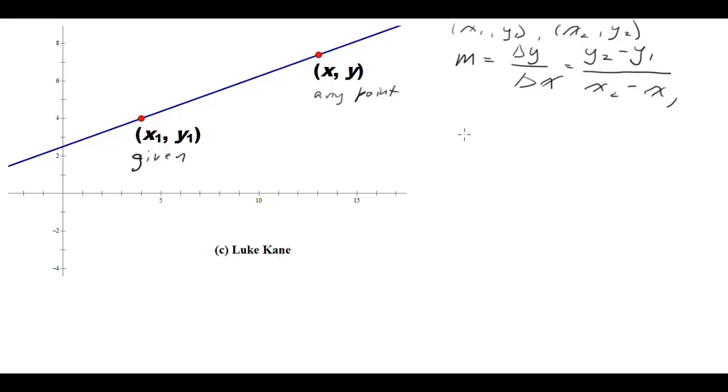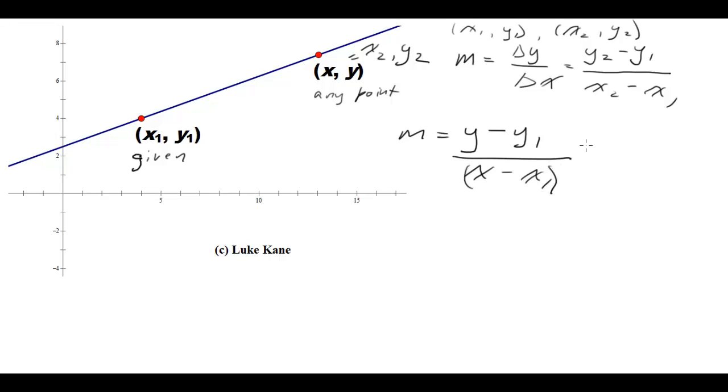Let's just call this x2, y2, and we already have an x1, y1, simply so we can plug into the equation. So I get m equals, well, y2 is just y, minus y1, and x2 is just x, minus x1.